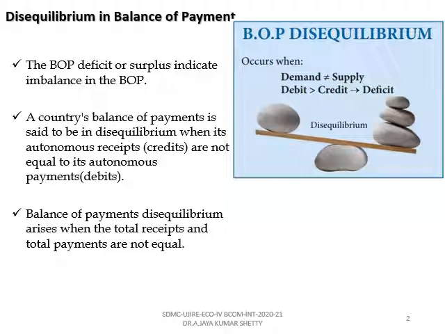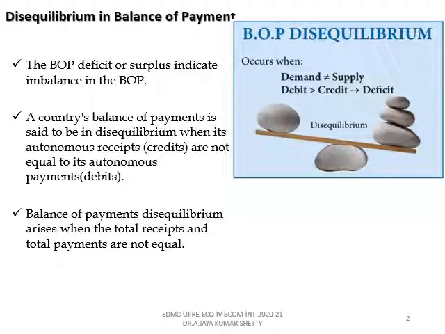A country's balance of payment is said to be in disequilibrium when its autonomous receipts or credits are not equal to its autonomous payments or debits. So in the balance of payment, there may be surplus or deficit.